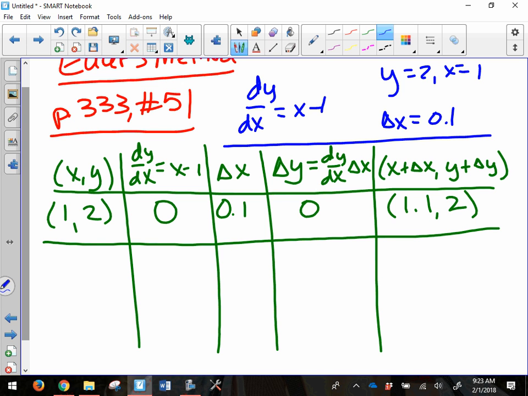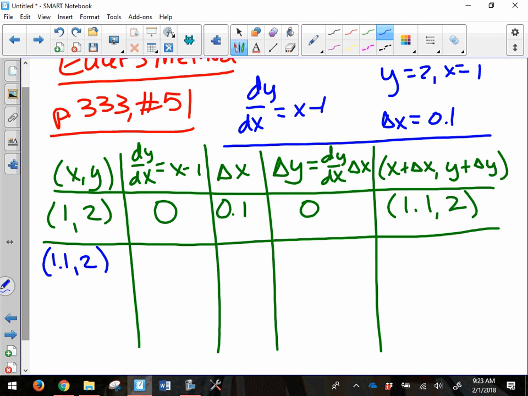And then that becomes my new starting point. So now my x value is equal to 1.1.